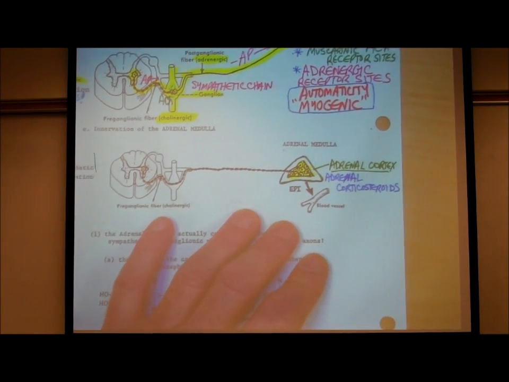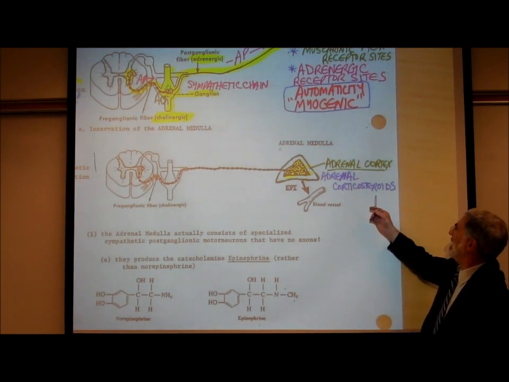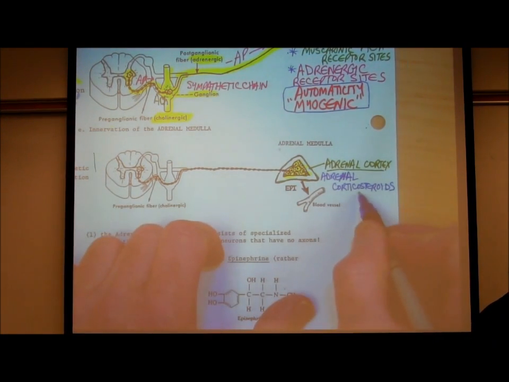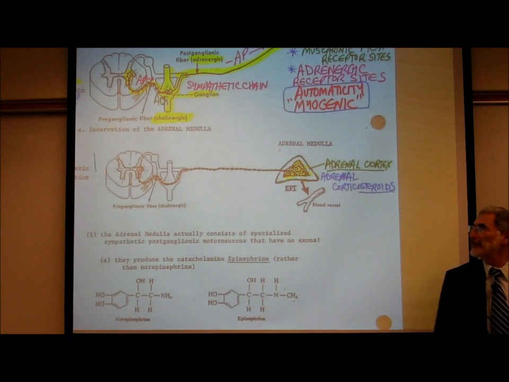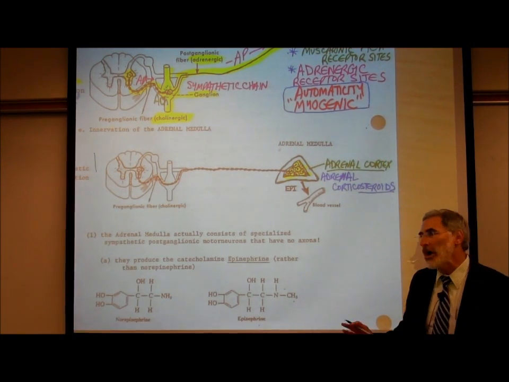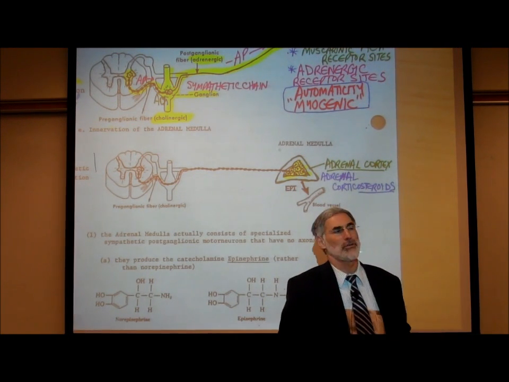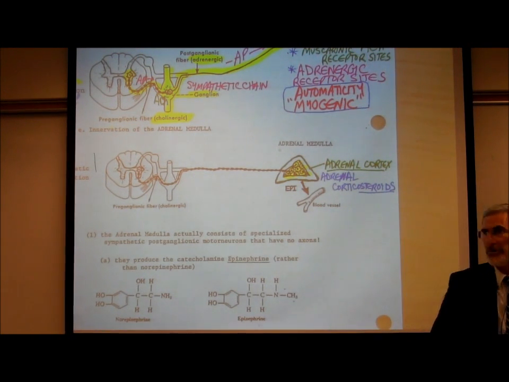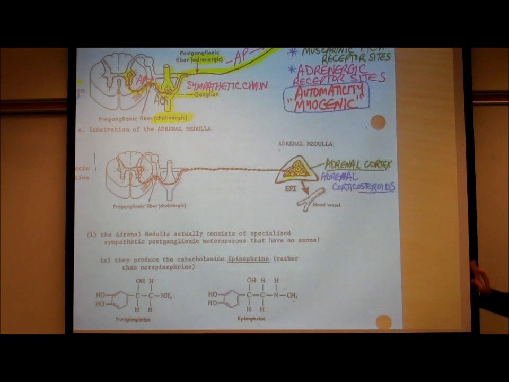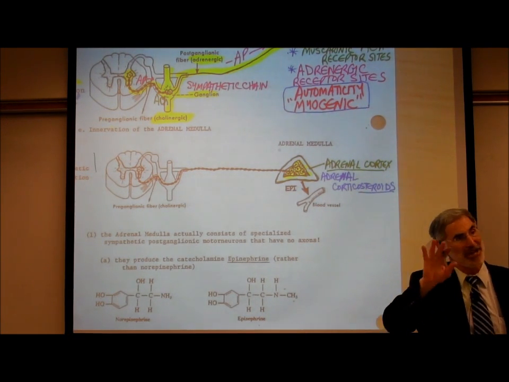Why are they called adrenal corticosteroids? Because they are steroids secreted from the adrenal cortex. How's that? For short, they'll just call them corticosteroids. There are 3 classes of steroid hormones secreted by the adrenal cortex. That we'll get to when we get to endocrinology.